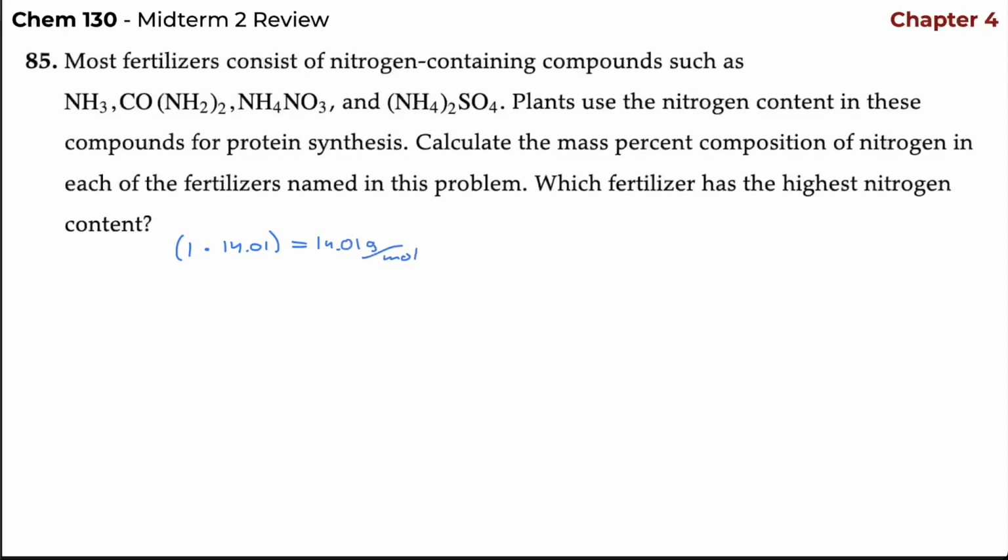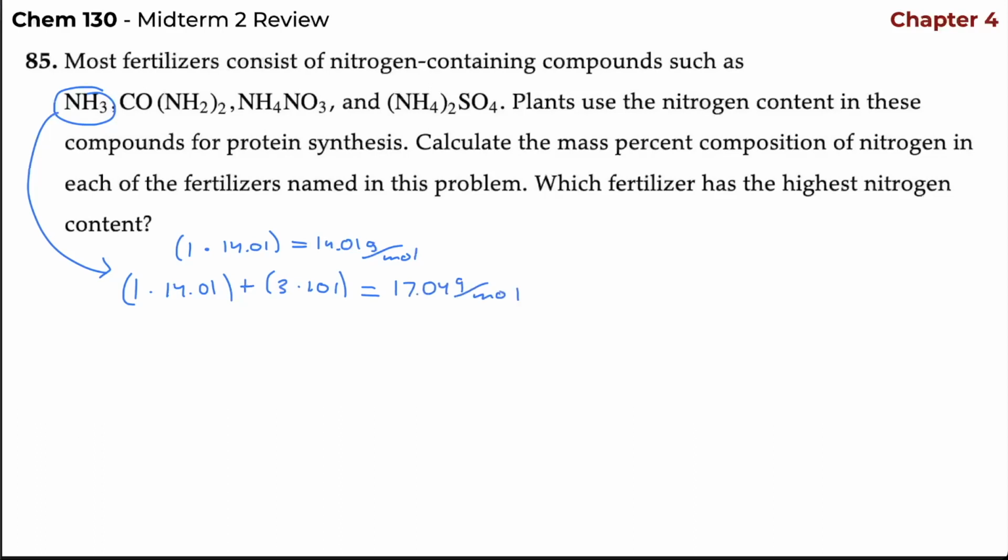For every mole, nitrogen is 14.01 grams. Then let's find the total in this one, NH3. There's 1 times 14.01 for nitrogen, plus 3 hydrogen atoms, each with 1.01 as their mass. That gives us 17.04 grams per mole.